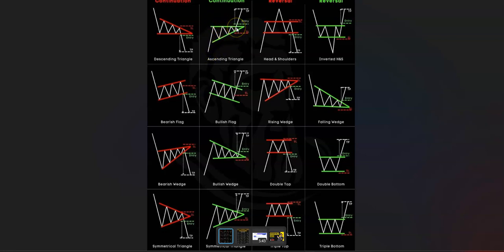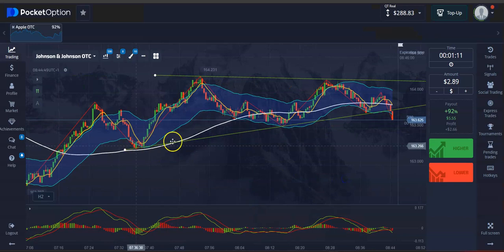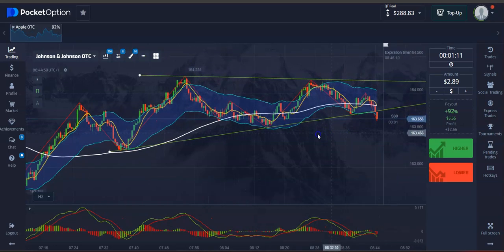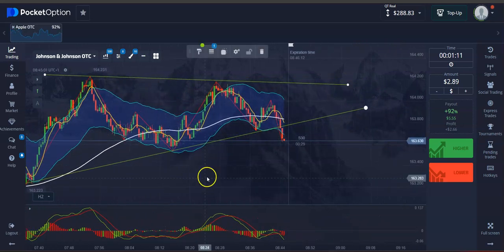It's doing higher lows and lower highs. So this high right here is lower than this one, and this one is lower than this one. As you can see, we've got a pattern.